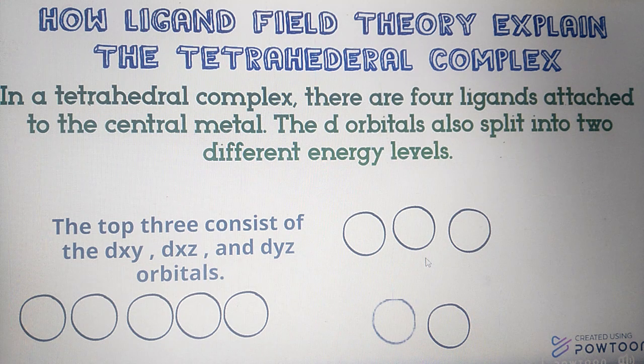The difference between eg and t2g is represented by the crystal field splitting delta naught.